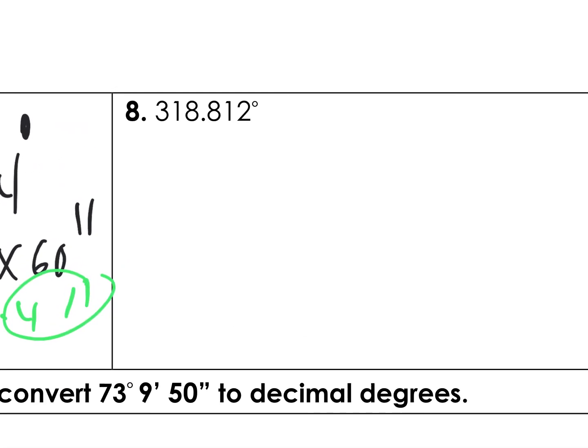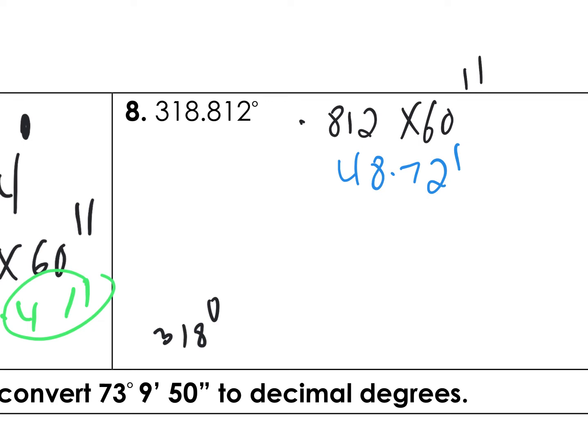Last one I'm going to do with these. 318 degrees for sure. And so I need to do my 0.812 times 60 minutes. Go ahead, you try it. 48.72. Degree minutes. 48.72, 48 minutes.